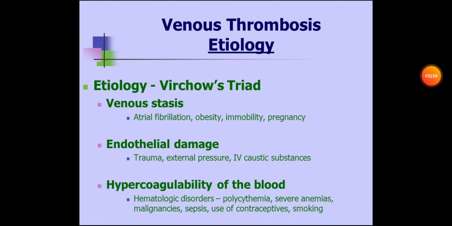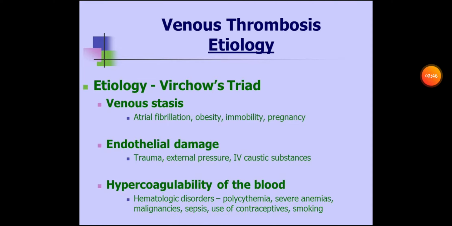So what are the causes? What can cause venous stasis? It can be atrial fibrillation, obesity, immobility, pregnancy, basically anything that leads to stasis of blood. Endothelial damage: what can damage the endothelial cells? It could be due to trauma, external pressure, or IV caustic substances.